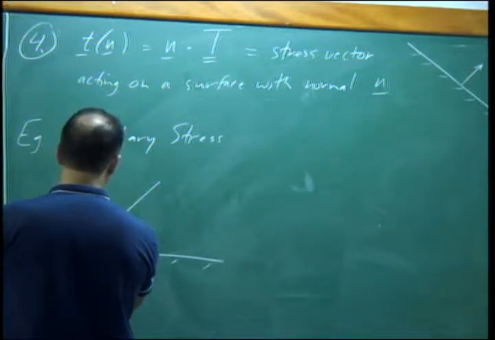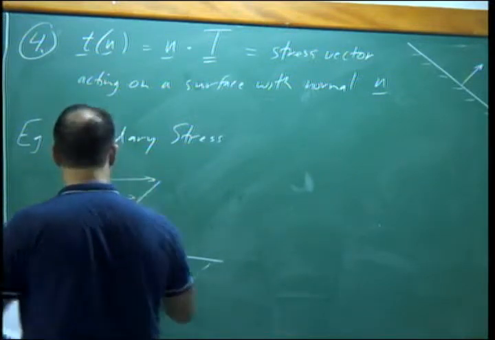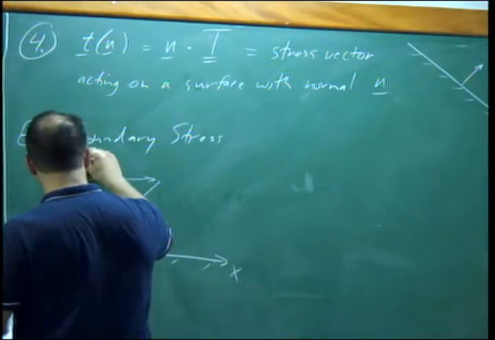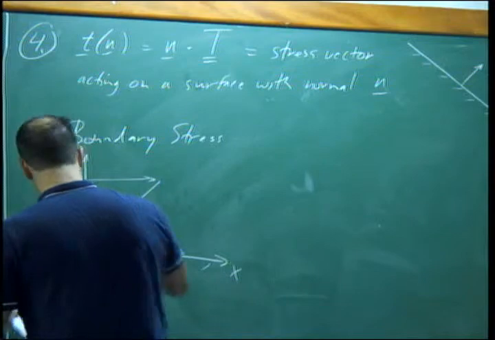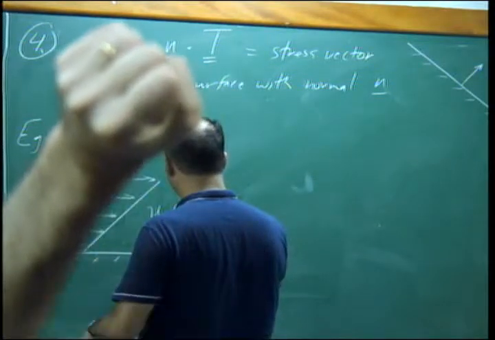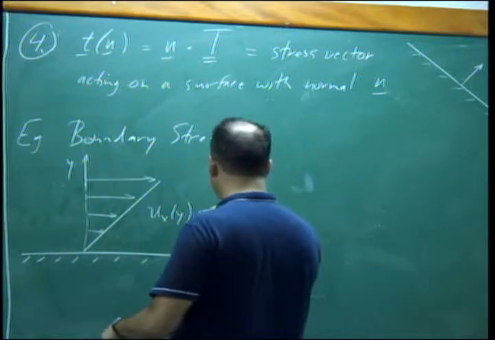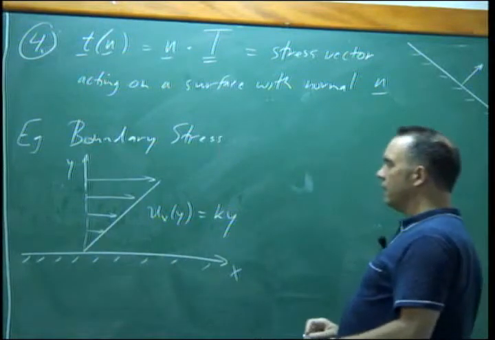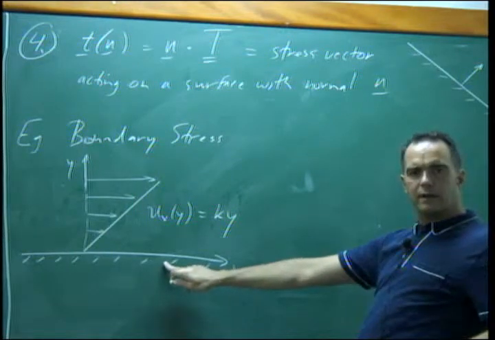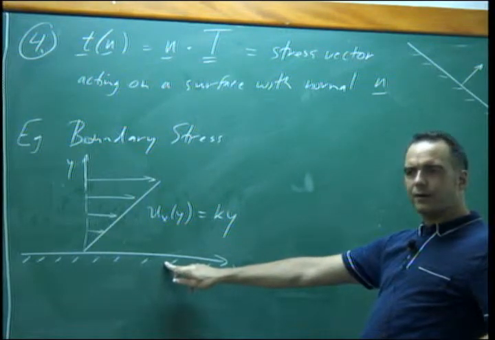So this is our velocity profile. Let's say this is the x direction, this is the y direction. We can say u in the x direction depends on y linearly. Then you can ask, what's the resulting force per unit area on the lower boundary? Okay.